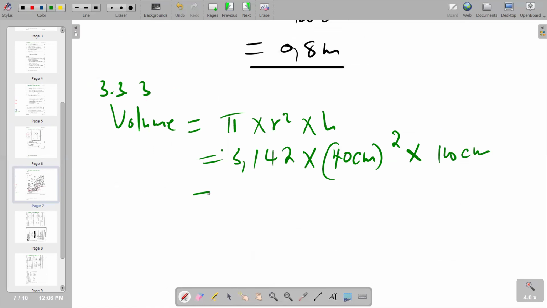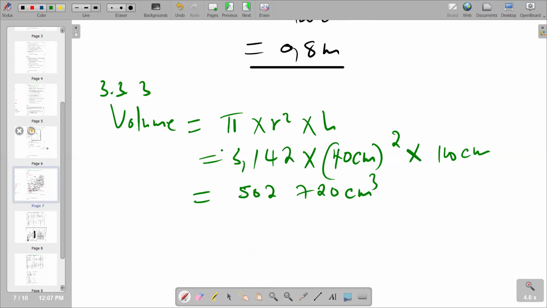Remember, we are supposed to use the same units here. So we have centimeters, so we are using centimeters. With that, now we calculate, and we are going to get your answer is 502,720 cubic centimeters. So this is our volume.